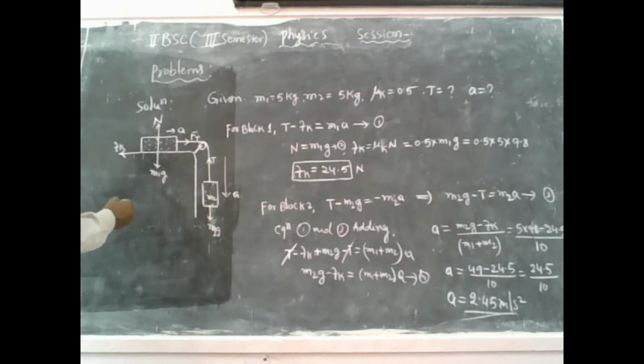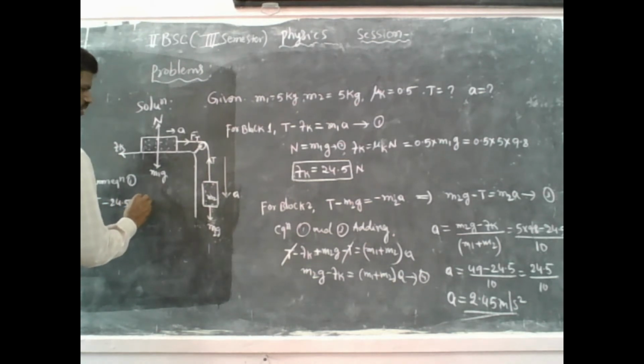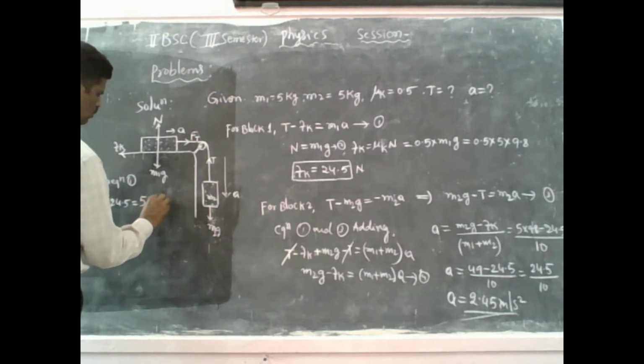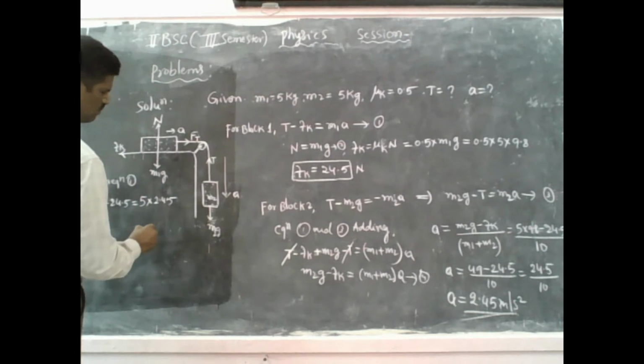Okay. So now take this equation. T is the tension, you have to find the tension. Fk is equal to 24.5 from equation 1. T minus 24.5 equals m1, which is 5 kg, into acceleration, which is 2.45, isn't it?